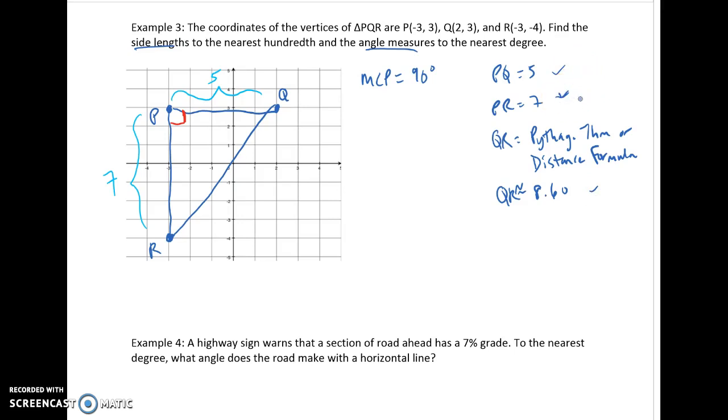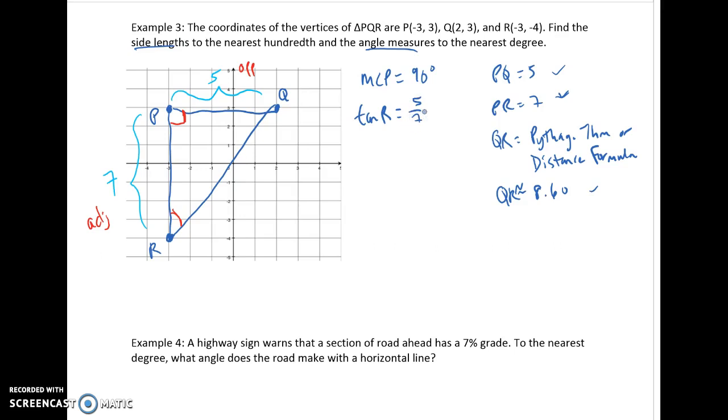Now I need to find my angles. And I would suggest you use the exact numbers, this 5 and the 7, to figure out the other 2 angles. So if I want to, for example, find angle R first, what would 5 and 7 be in relationship to angle R? Well, here we've got opposite, and here we've got adjacent, which means we're using which trig function, right? We'd be using tangent. So I can say tangent of R is equal to opposite over adjacent.